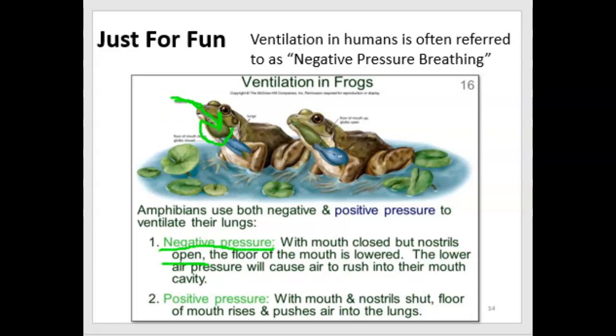But that isn't enough for them to get it into the lungs. In addition, they have to apply positive pressure and push the air into their lungs by contracting another muscle that raises the floor of the mouth. And so air gets pushed in. So they use both positive pressure and negative pressure. I just thought that would be kind of interesting to think about.